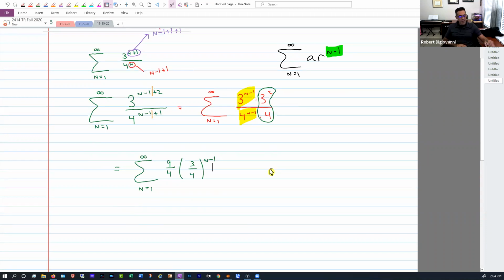Now, are we geometric? We are now. A is 9/4 and R is 3/4. And the absolute value of R then is less than 1, and so this will converge. What does it converge to?